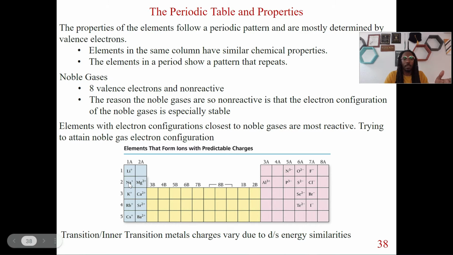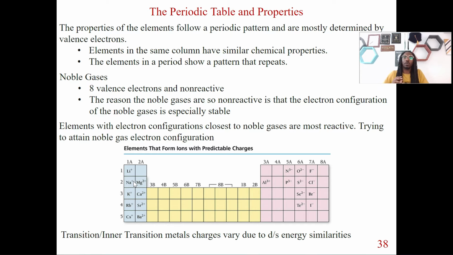We understand this whole s block: lithium 1s2, 2s1, sodium 2s2, 3s2, etc., going down. With the s's, they got that one electron in that s orbital.